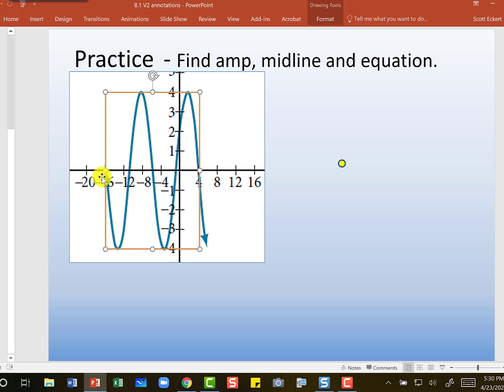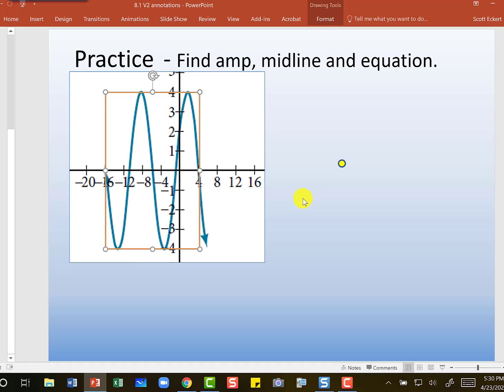And there I have a definite start and a definite end. And if I look in the box, I have 2 complete cycles. So I have a cycle down and up and down. So it hits here and another cycle down and up and back down. So I have 2 cycles.